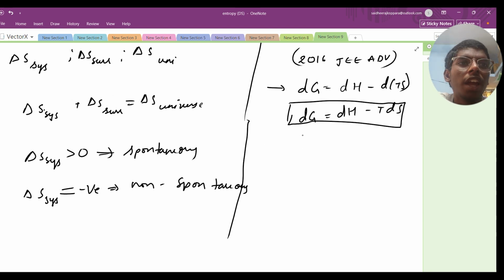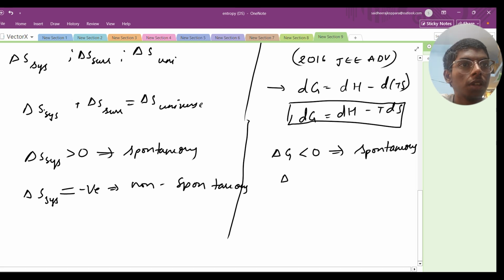Finally they made a conclusion with free energy: if your free energy is negative, then it's a spontaneous reaction. If your free energy is positive, then it's a non-spontaneous reaction.